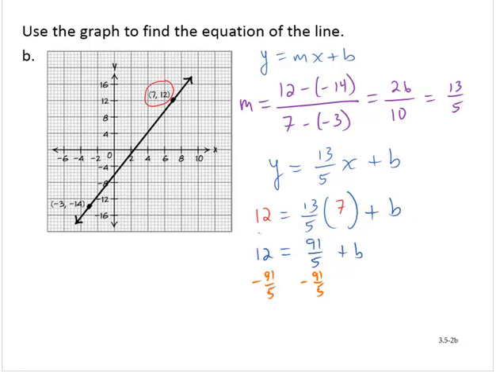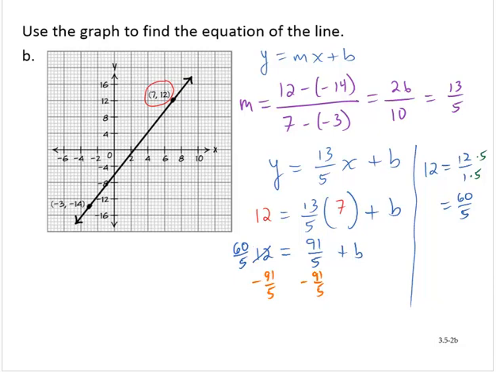now let's do a little side work here. 12 is equal to 12 over 1, and building up that fraction by a factor of 5 gives me 60 over 5. So I can think of this 12 as 60 over 5.